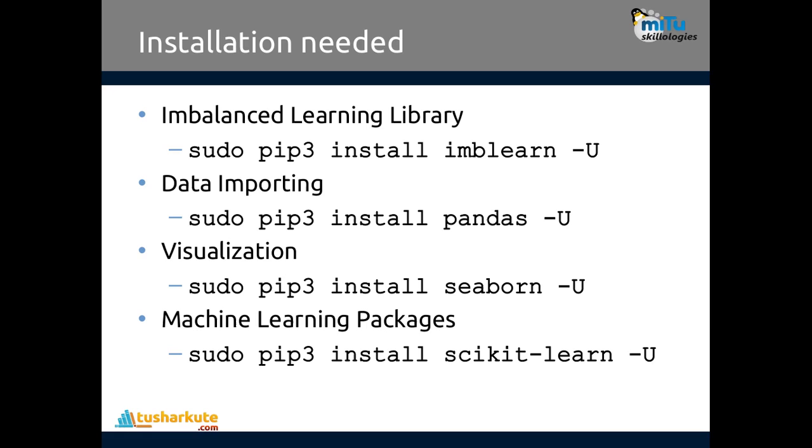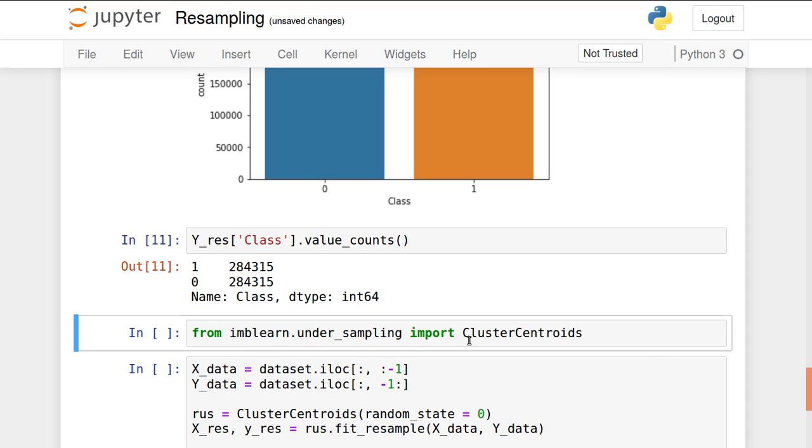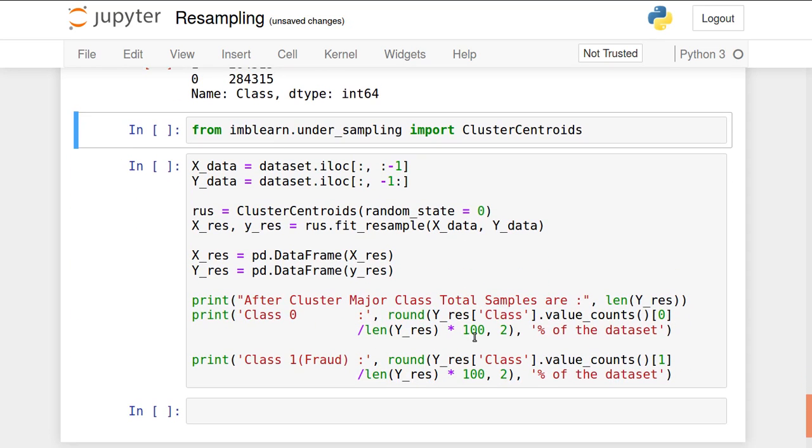And if we want to apply cluster centroids, we very rarely use this method actually, but check this out. We can make use of this particular class called cluster centroids. With the help of the cluster centroids class, we can do the same operations here also. But this cluster centroids class is applicable when we have more than two classes.